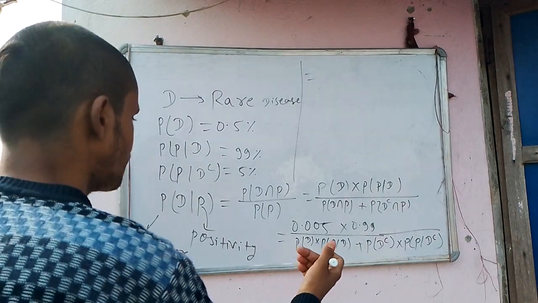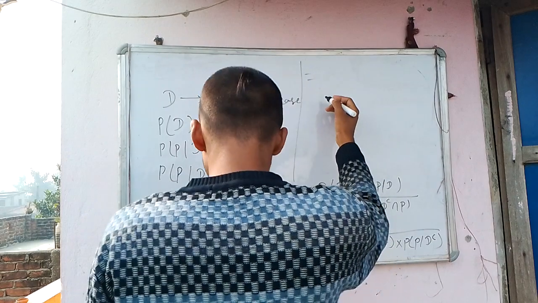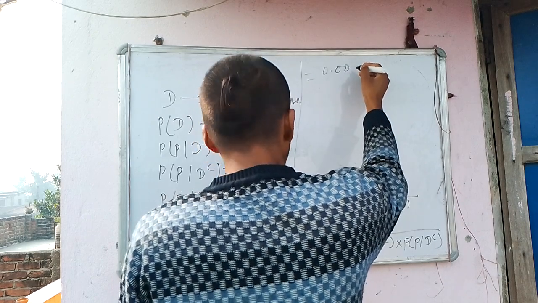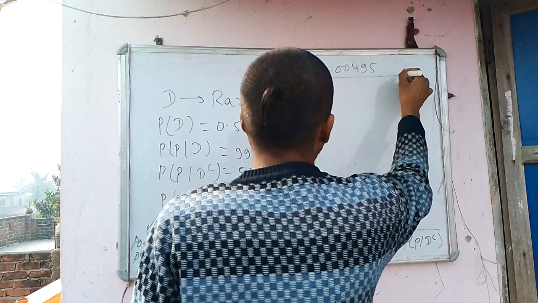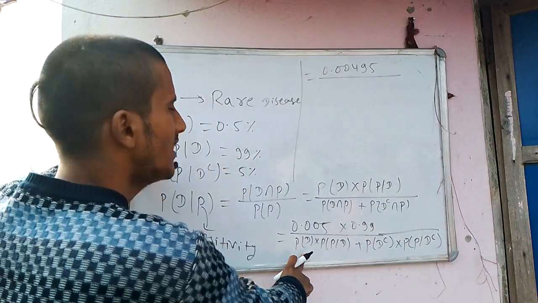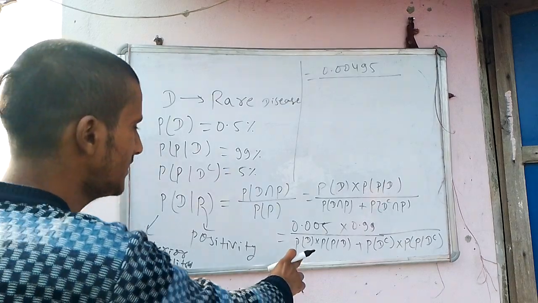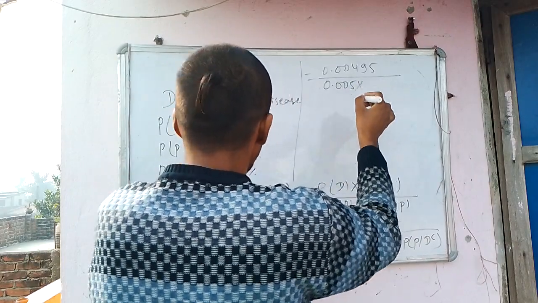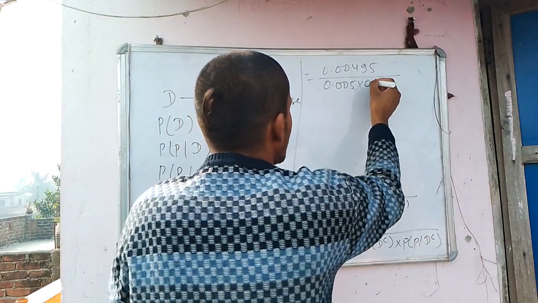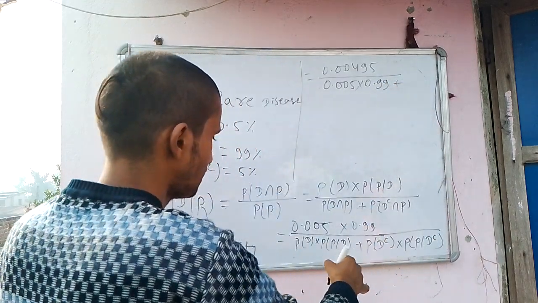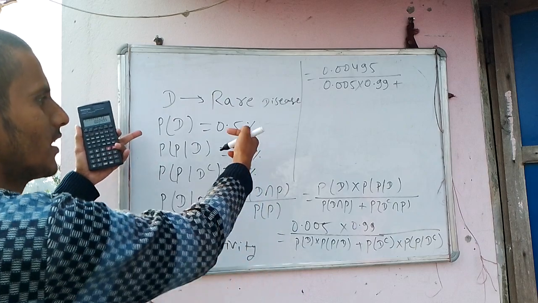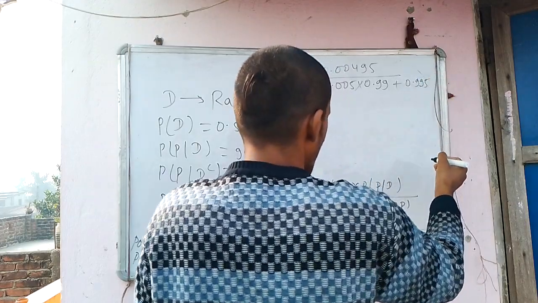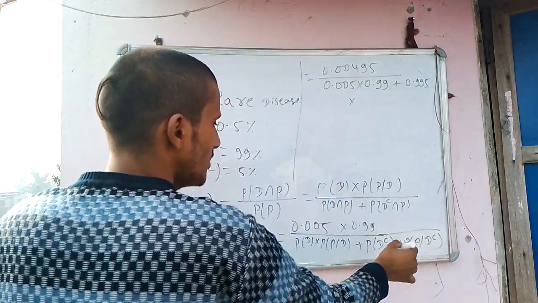So we do the calculation. This will be 0.00495 divided by probability of D, which is 0.005, times probability of P given D, which is 0.99, plus probability of D complement, which is 99.5%, so 0.995, times probability of P given D complement.